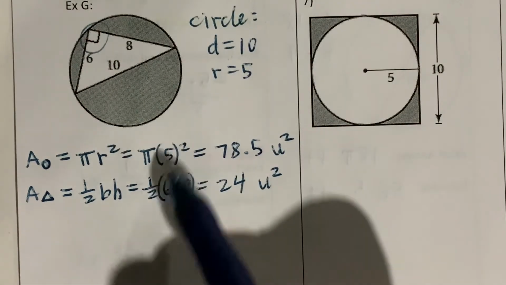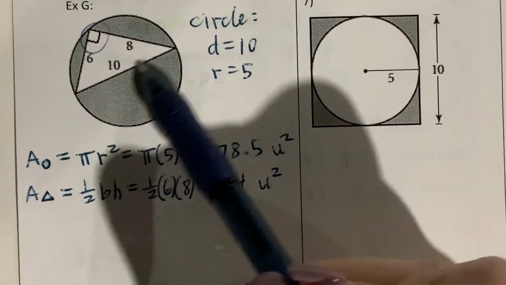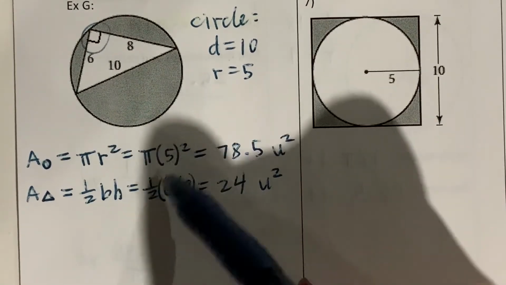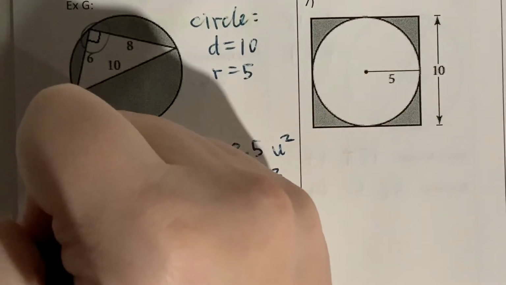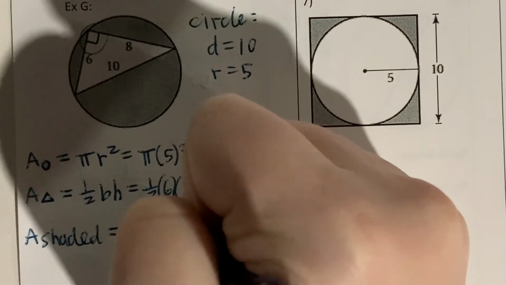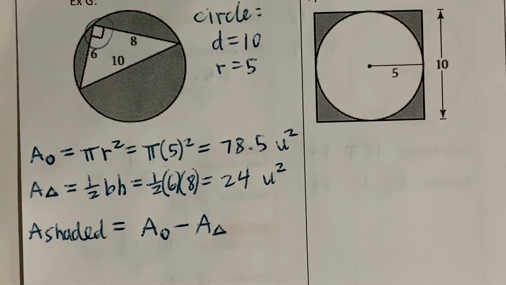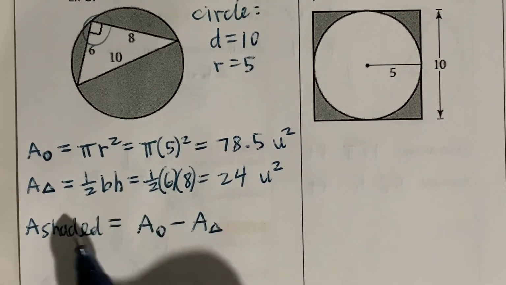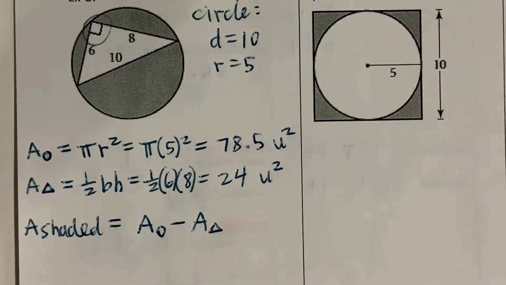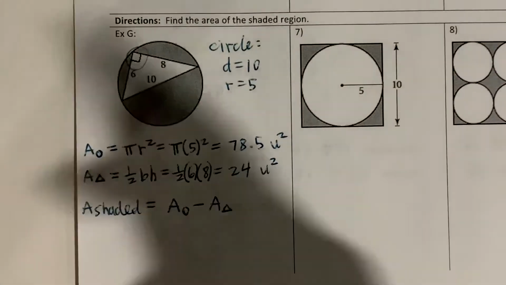So now I found both areas, and we said we just want the shaded region. So that's the area that's between the circle and the triangle. So I could say that area of the shaded region is equal to area of the circle minus area of the triangle. This is me just trying to make a note. Area of the shaded region is area of the circle minus area of the triangle. So now I can plug in those values.